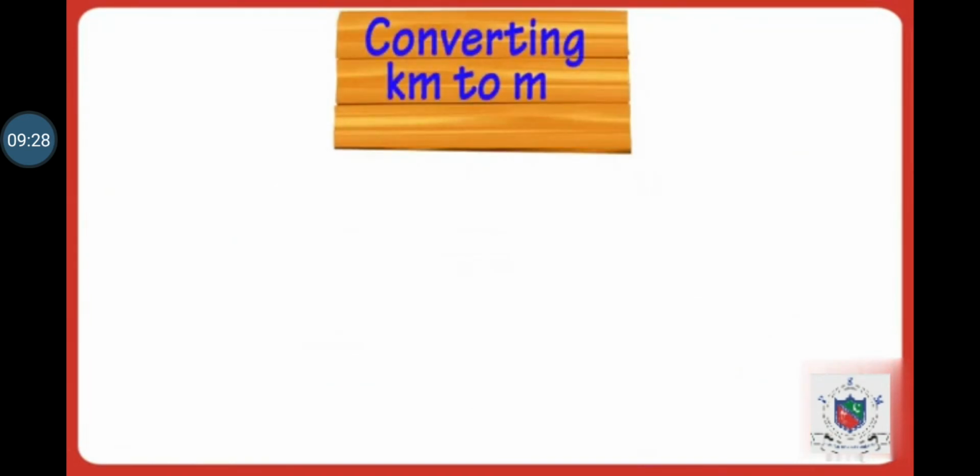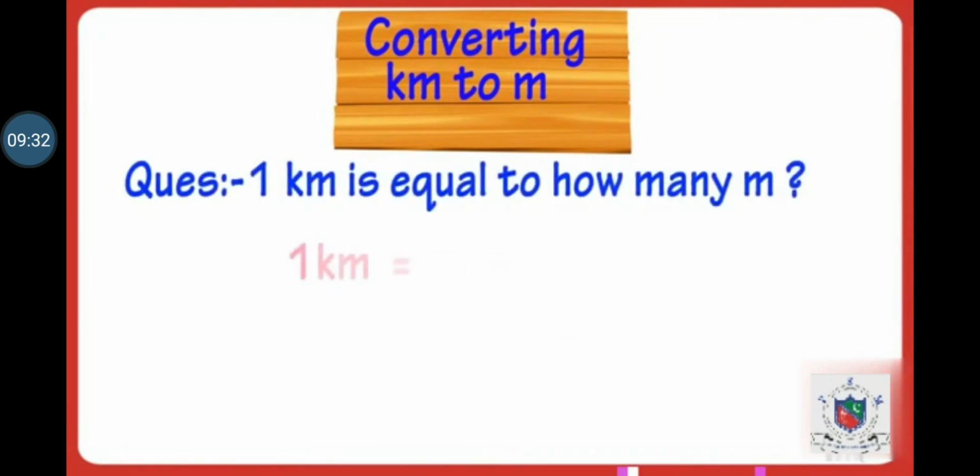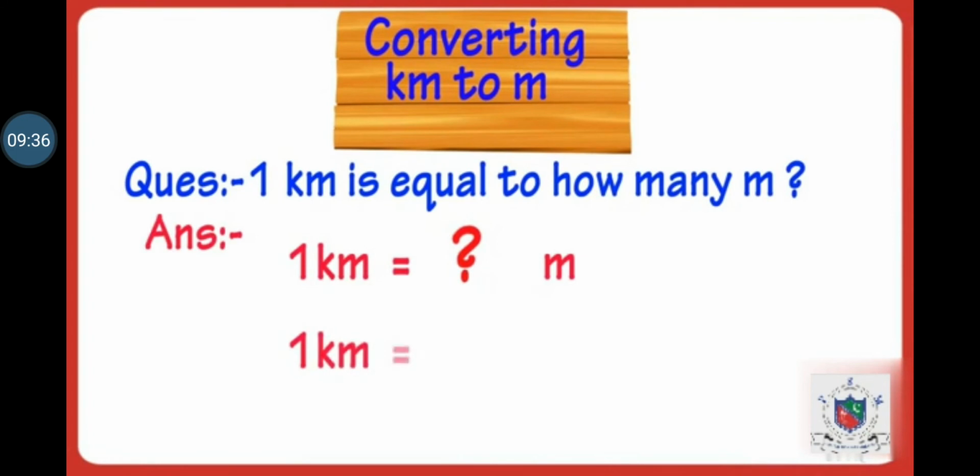In the same way, let's learn how we can convert the kilometers into meters. As we know that 1 kilometer is equals to how many meters? Yes, 1000 meters. So when we multiply 1 by 1000, it will be equal to 1000 meter.